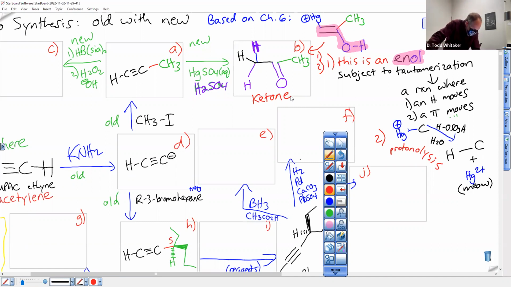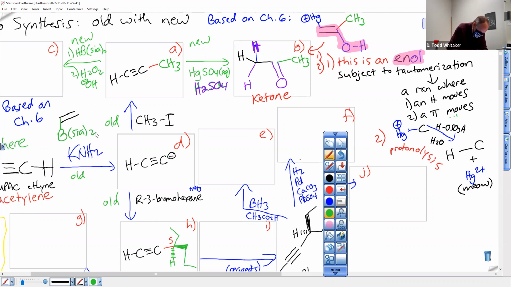Okay, now this next one is good to learn right beside this one. Based on chapter 6, you would have predicted this. Here's your C double C, and in this reaction, you get a syn addition of B with whatever Sia is. You don't even need to know, not yet.